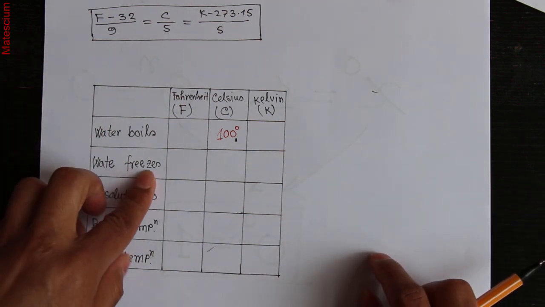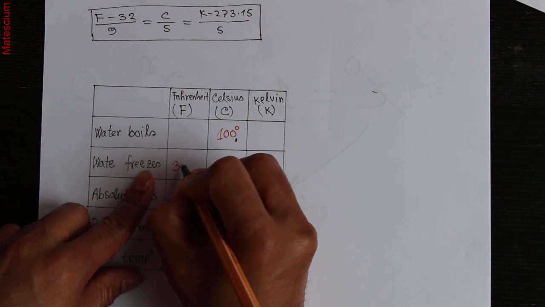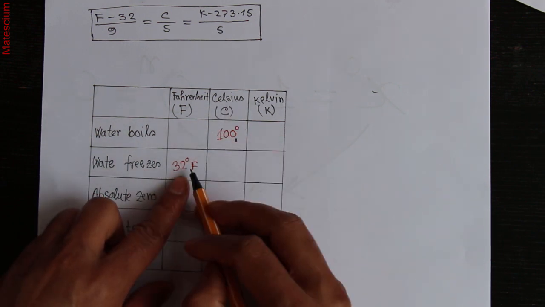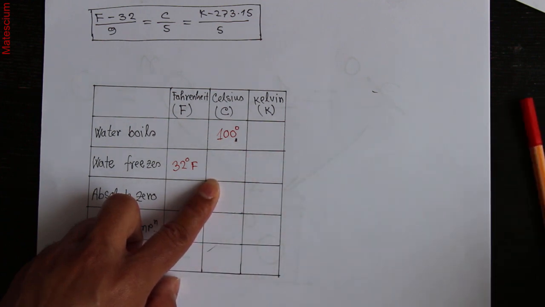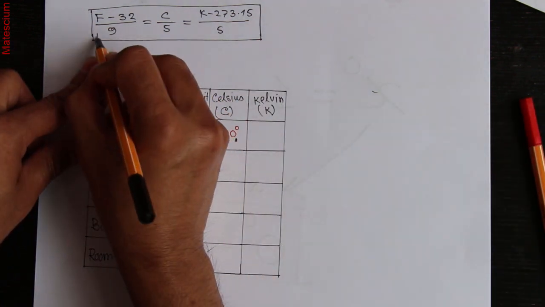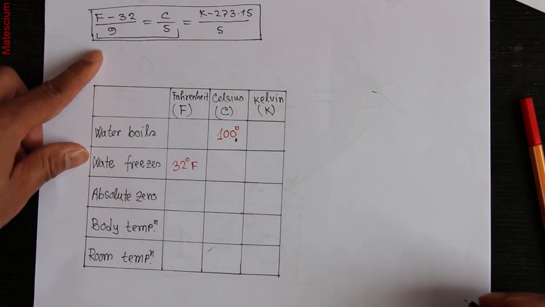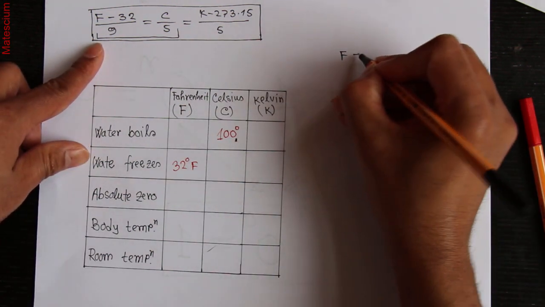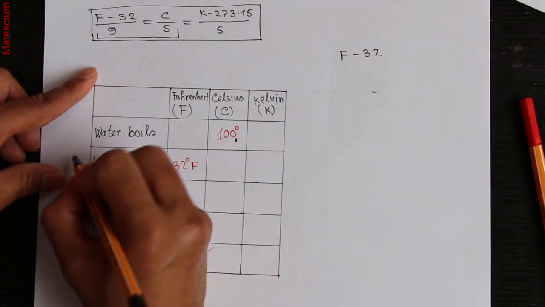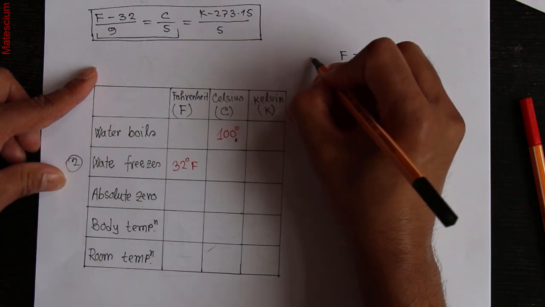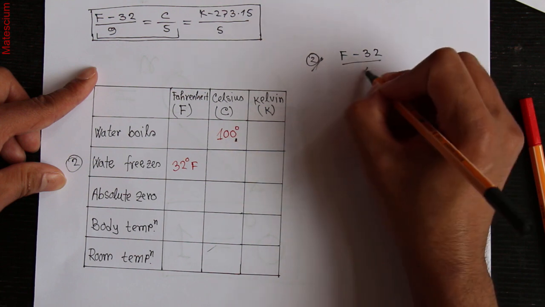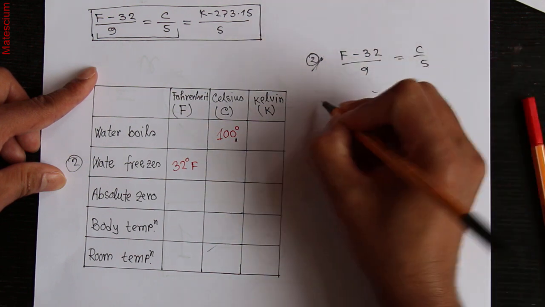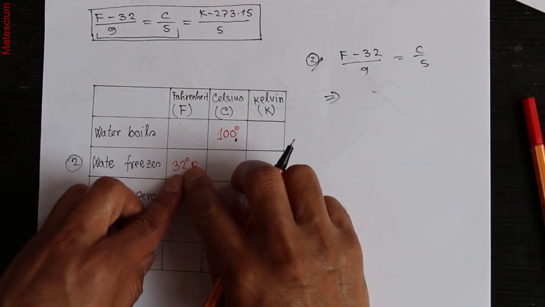Let's say water freezes at 32 degrees Fahrenheit. What is the equivalent temperature of this 32 degrees Fahrenheit in Celsius and Kelvin? I will find it right now. So for Fahrenheit and Celsius, let's use this formula. This is question number 2. (F minus 32) over 9 equals C over 5. F is given as 32.